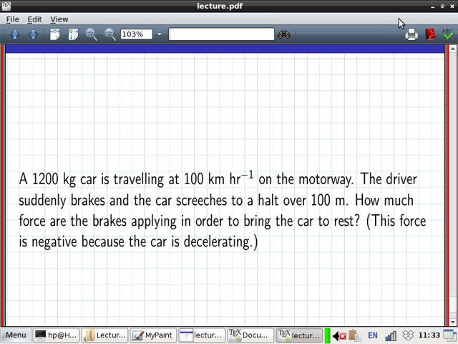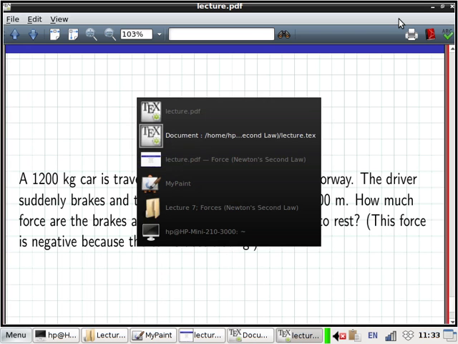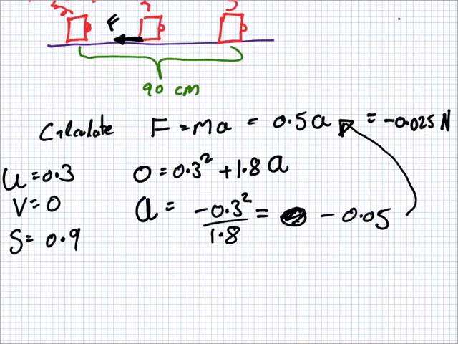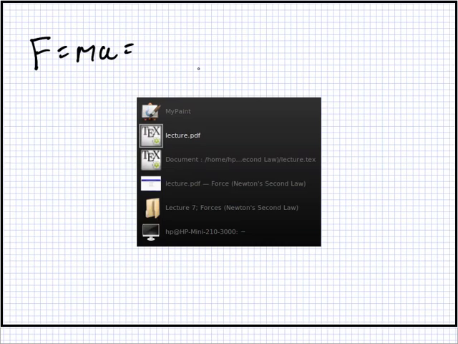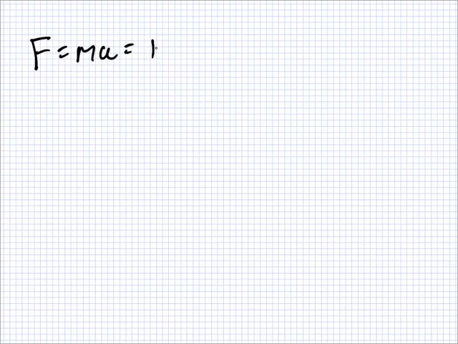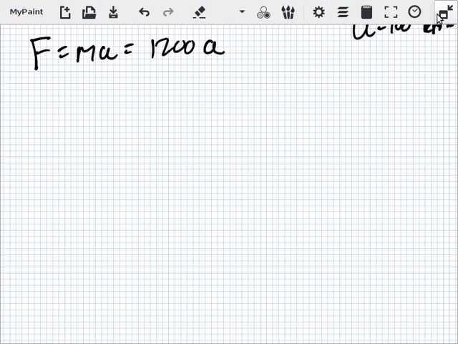Okay, how are we doing on this one? We got an answer? Shall we have a look? So, similar to the previous one, isn't it? F equals MA. What's the M, did I say? 1200. U is now 100 kilometers per hour.